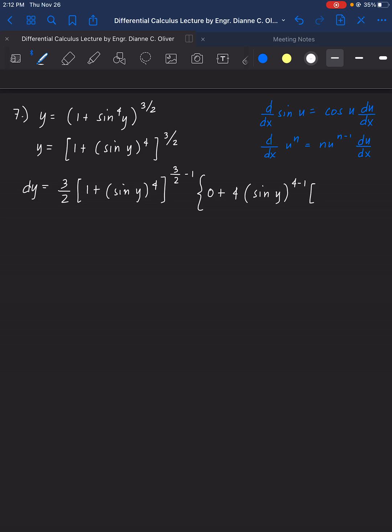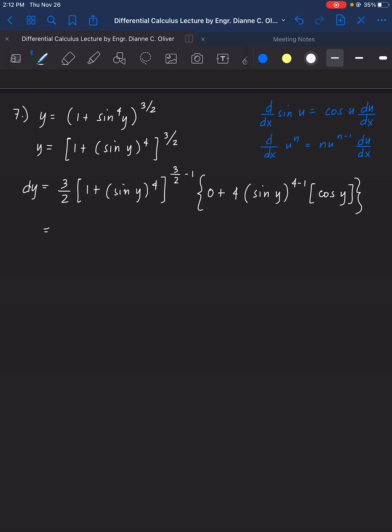So what's the derivative inside? The derivative of sine y is cosine y. And that's it.